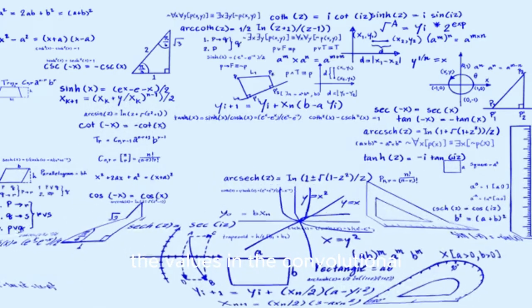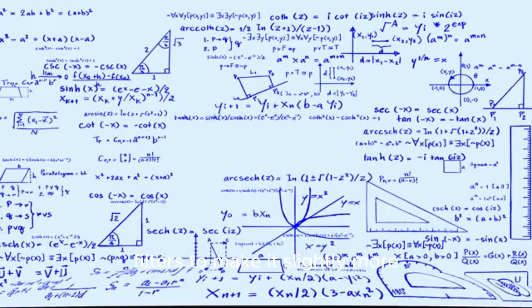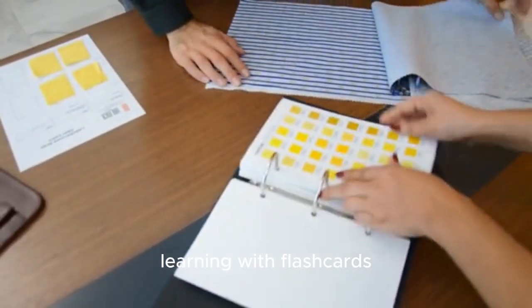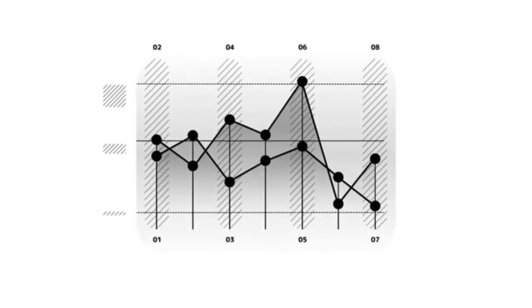If it gets it wrong, we calculate the error and use an algorithm called backpropagation to adjust all the tiny parameters inside the network, including the values in the convolutional filters, to make it slightly more accurate next time. It's a bit like a student learning with flashcards. With enough practice and feedback, the network gradually gets better and better until it can accurately classify images it has never seen before.